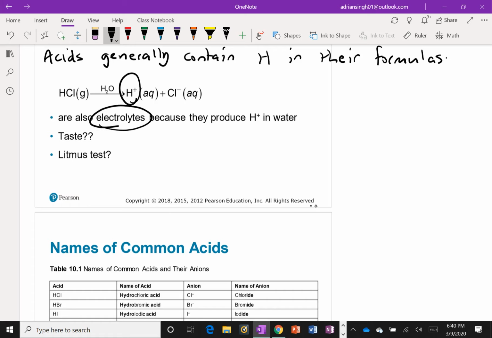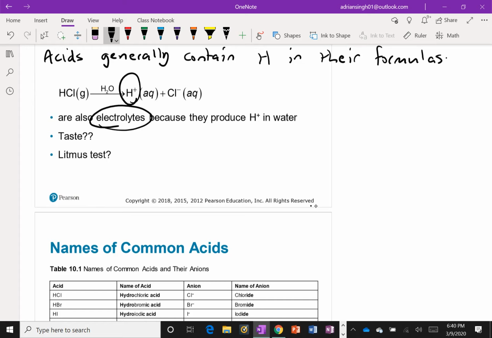Charged species allow the conduction of an electric current. So acids generally contain hydrogen. They break apart to give you ions, specifically the H+, the hydrogen ion, which means that they're going to be electrolytes.